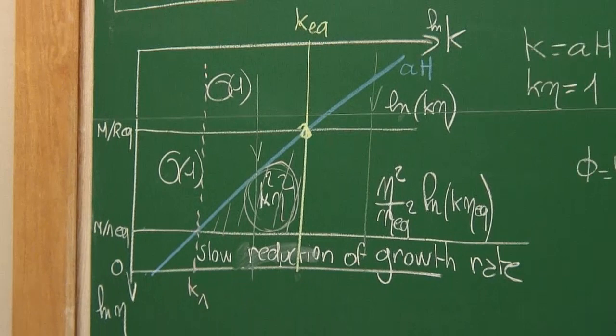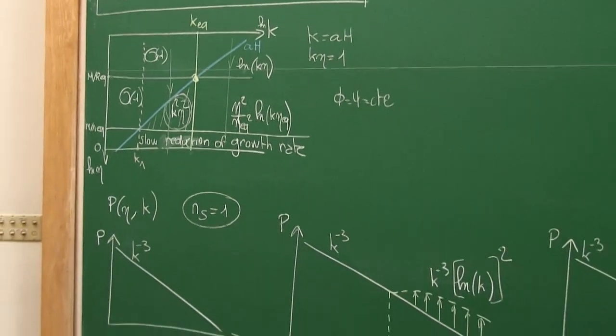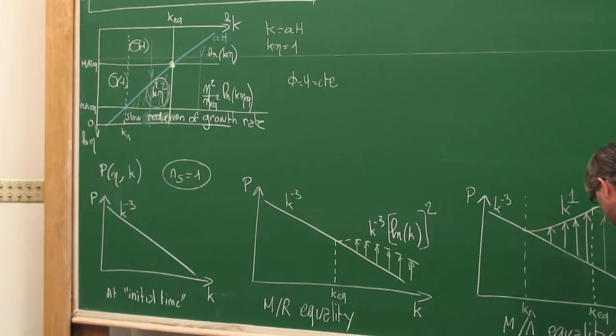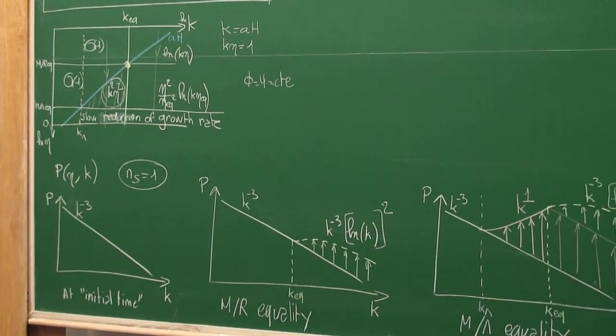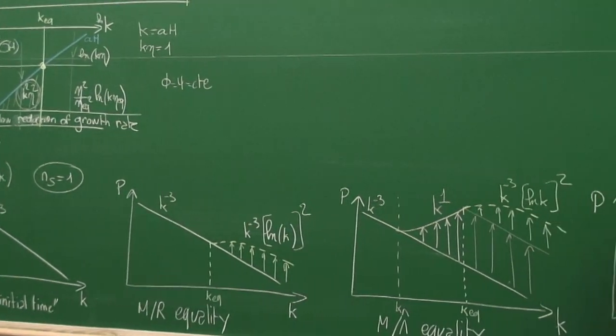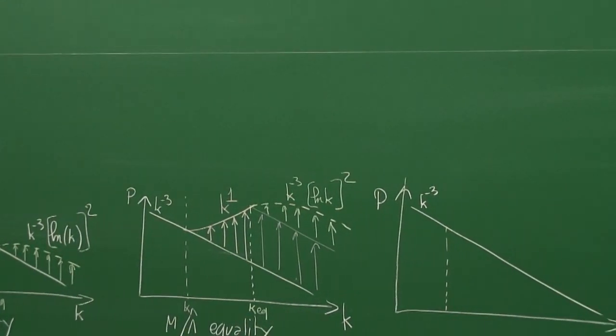So it just affects the global normalization. But what we wrote before is the same, except that perturbations started to grow above just the scale which enters into the horizon today.